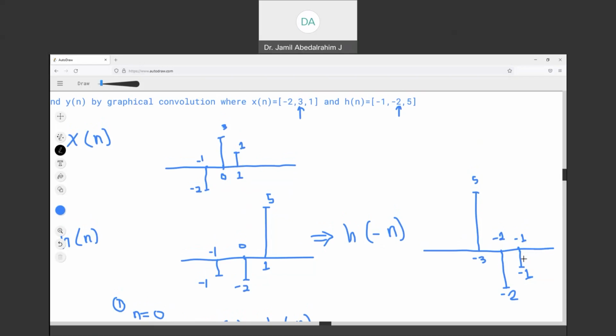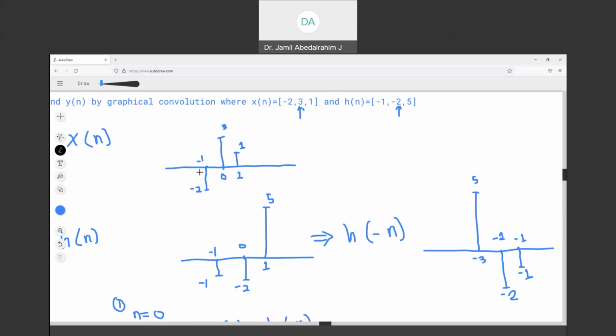We have them at negative 1, negative 2, and negative 3. Same thing at 0: we have a signal in the x of n graph, while in h of negative n, there is no signal at 0.